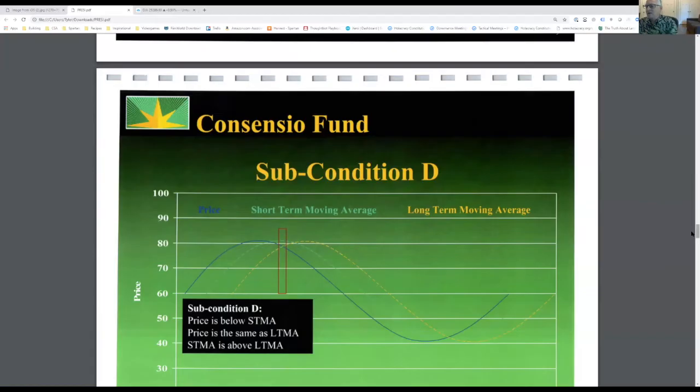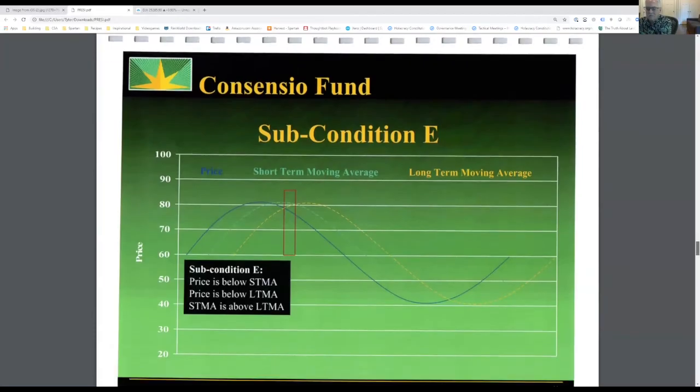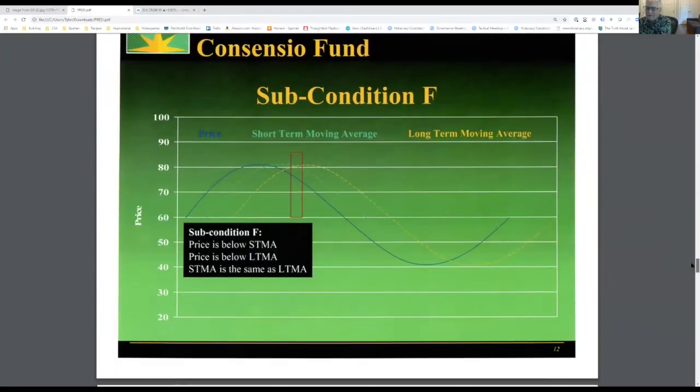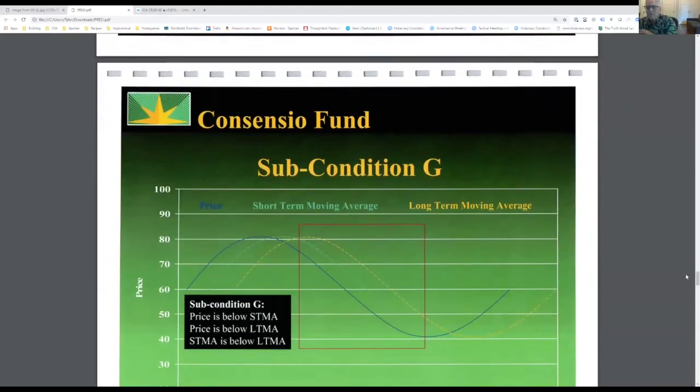And, without looking at all of them, because we've got lots more to cover, conditions E, F, G, and what is going on in G now compared to what we were looking at in A. Price is below the short-term moving average, price is below the long-term moving average, and the short-term moving average is now below the long-term moving average. Notice that the long-term moving average has only at the beginning rolled over and started turning down.